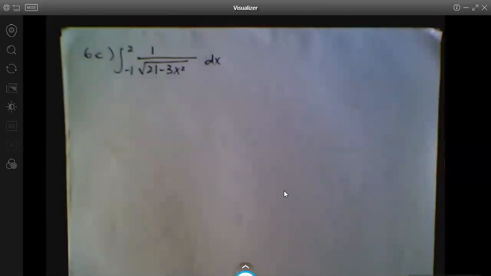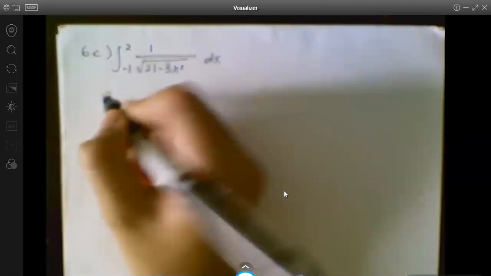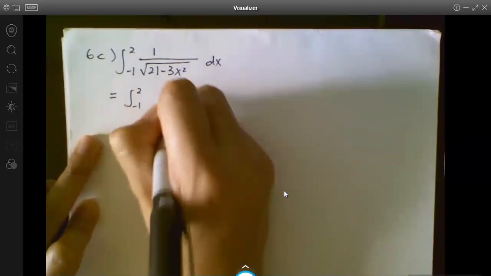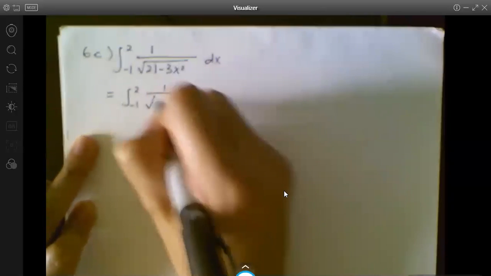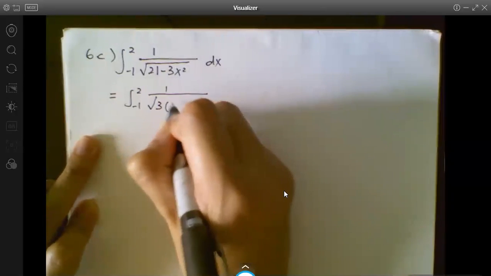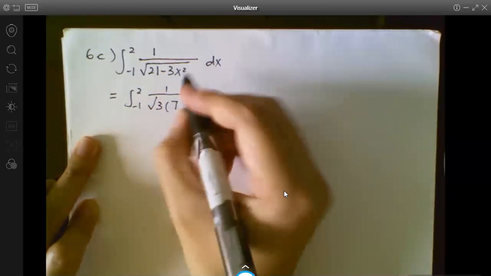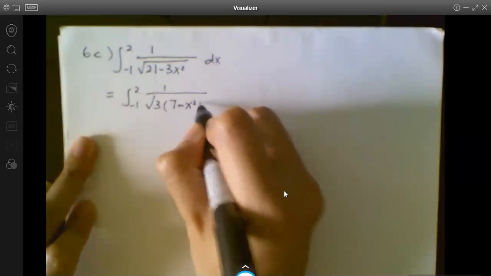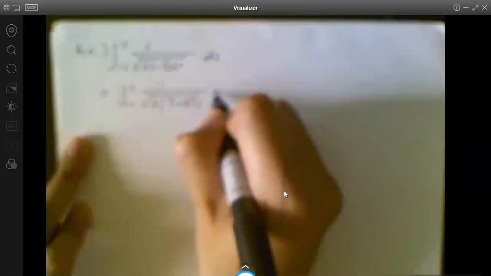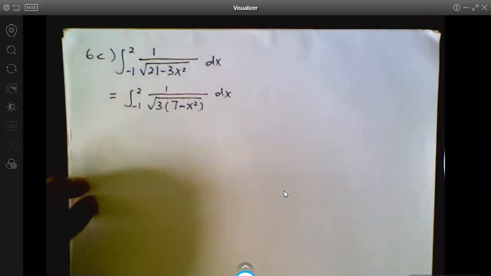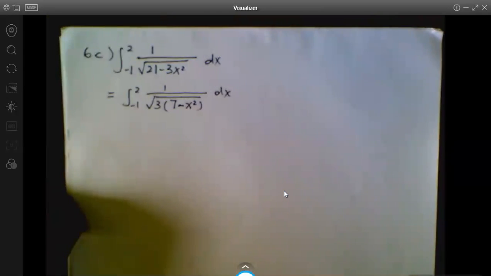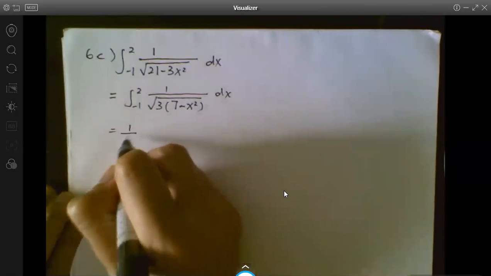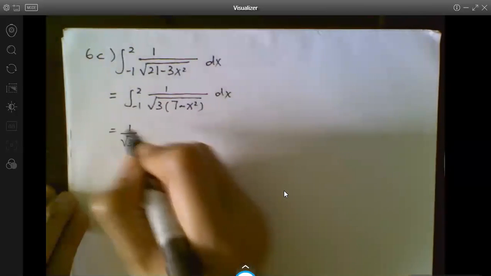Here we are. I will take out the coefficient 3. So that leaves us 7 minus x squared. And I'll convert this to a squared. So 1 over root 3 is a constant. It comes out.